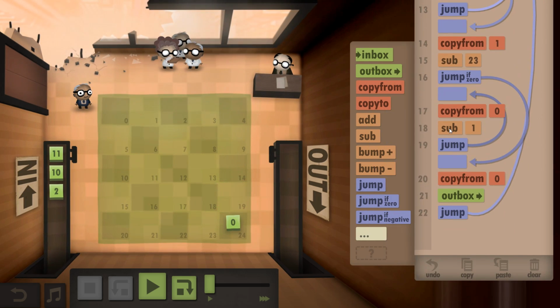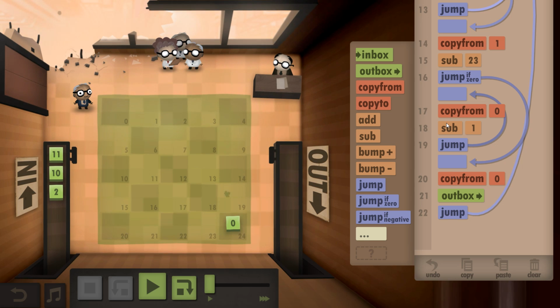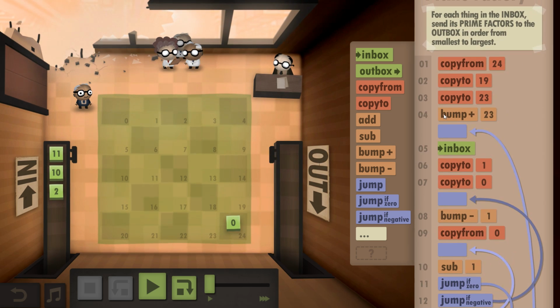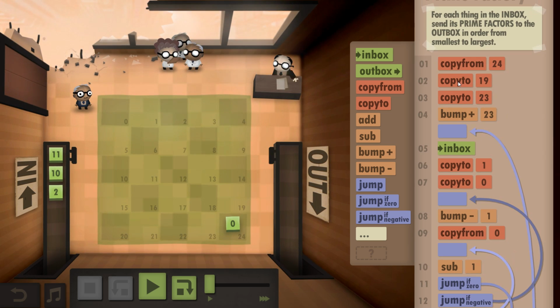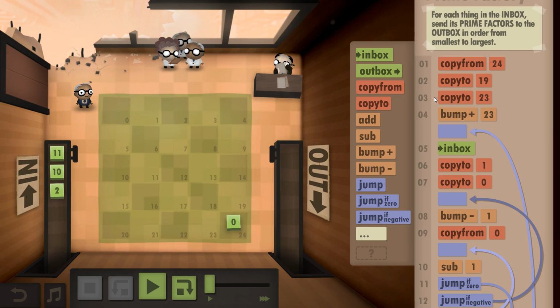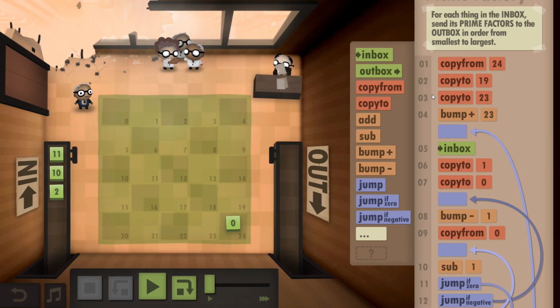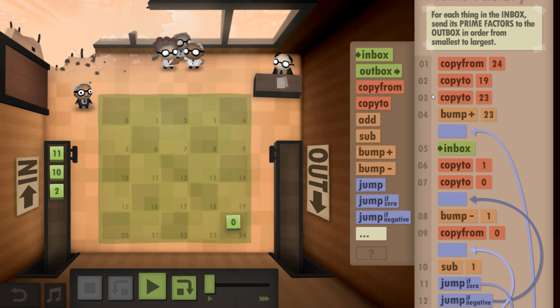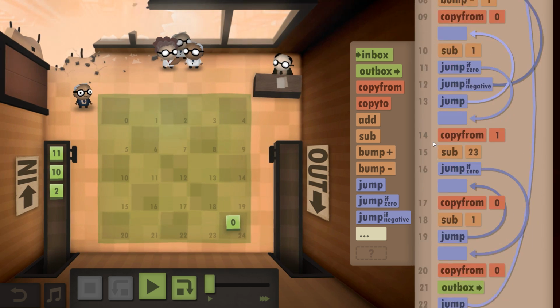$19 is going to be my counter. Oh, but then I have to reset. I hate that. But I can't think of another way to check if it was 1 or not.